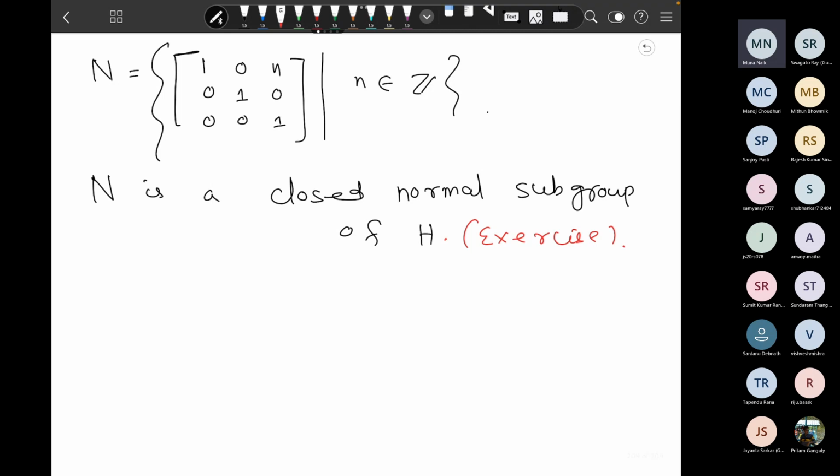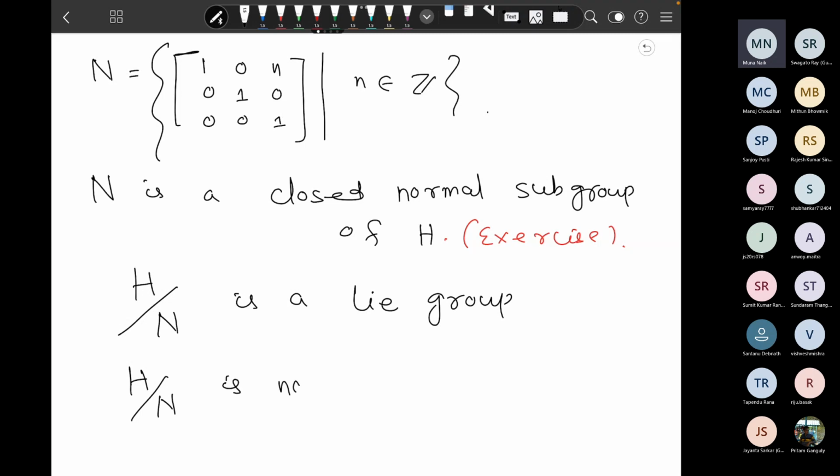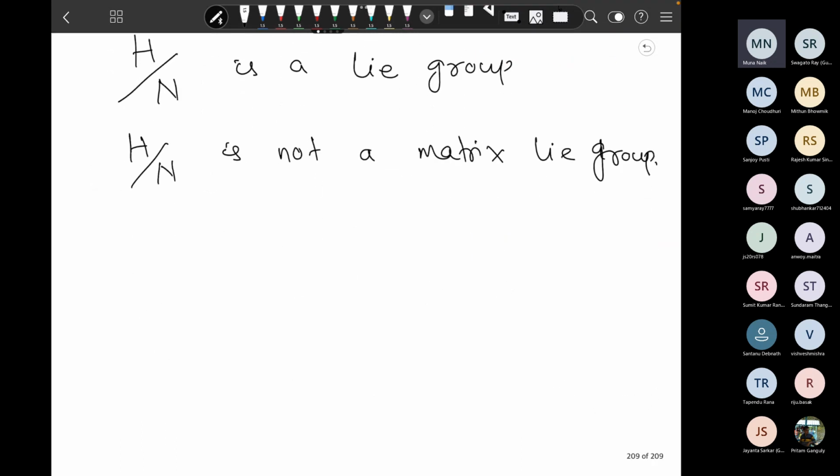And therefore, since N is a closed normal subgroup, you can take the quotient. So H by N is a Lie group, and this H by N is not a matrix Lie group. So there are many examples, but these are some standard examples.